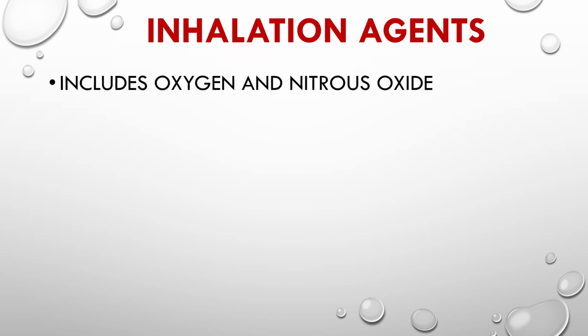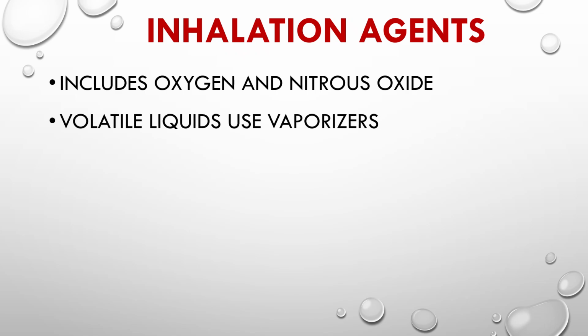We have a few different inhalation agents. Oxygen, we don't necessarily think of as a drug because we breathe it just to stay alive, but it can be used as a drug, especially for somebody that has pulmonary issues. Nitrous oxide, NO, helps with cardiovascular issues and causes vasodilation.